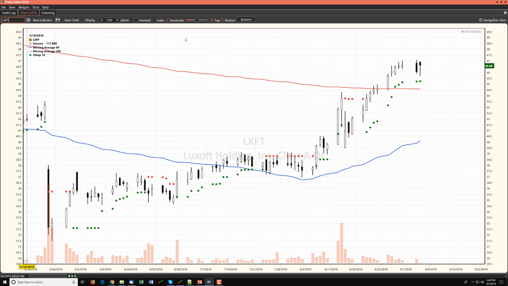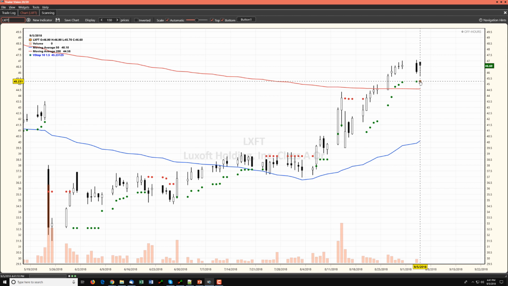Okay, LXFT has been trending bullish again. We've had a short-term pullback, put in a hammer here today, trying to break out, and this is a similar pattern. I would be looking for a breakout, so let's call it 47.05 or 47.10, right in there as an entry. You can see that the V-stop's down here.